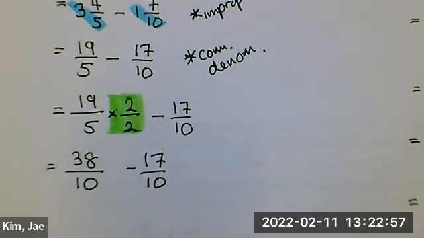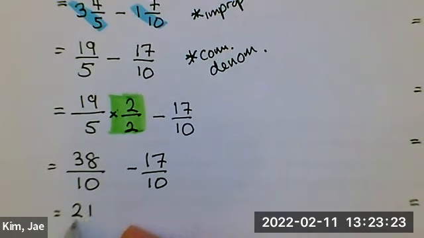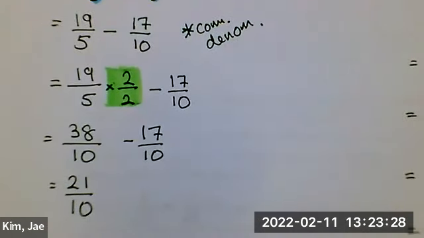We're multiplying by a 1. And the final answer, you ought to be able to work out slowly. And so with that, this becomes 21 over 10. And that's all you need to do.